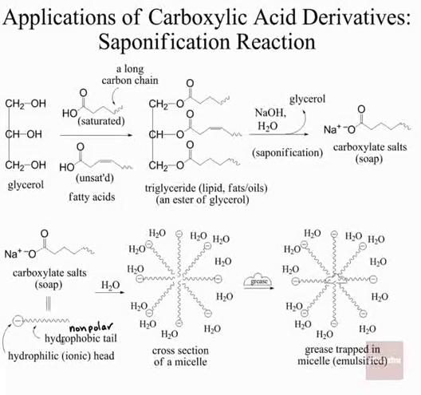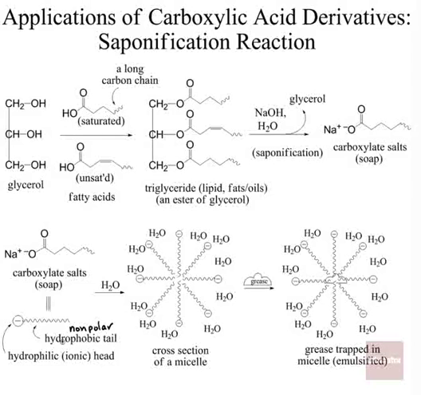Now, how does this work to clean things? Well, if I have my soap solution with all these micelles floating around in it, now if I take my clothing and I agitate it, put it in a washing machine or scrub it on a scrub board or something like that, the grease and oils that are dirty on my clothes are going to make their way onto the inside of this micelle, where it's going to be very nicely dissolved by the interior of the micelle, which is hydrophobic and nonpolar.